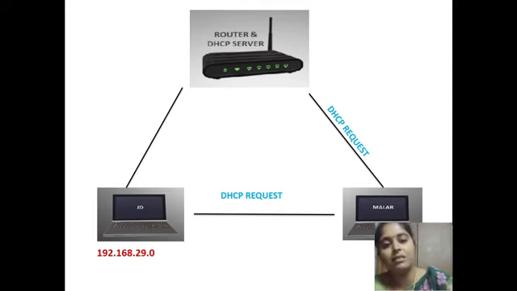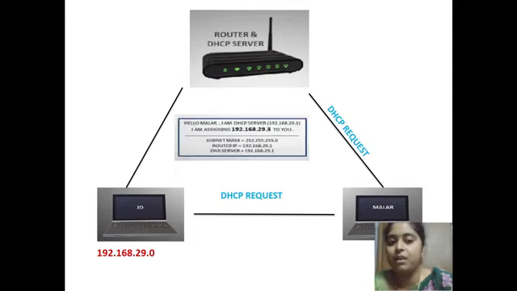The DHCP then checks that the IP address it assigns to the second device has not already been allocated to other devices. So it checks first, and then sends a reply to both the first device and the next device.